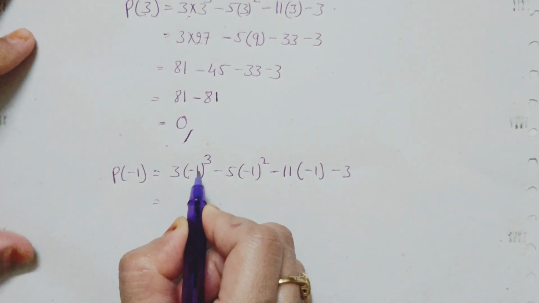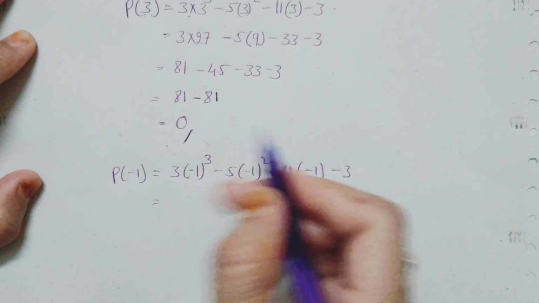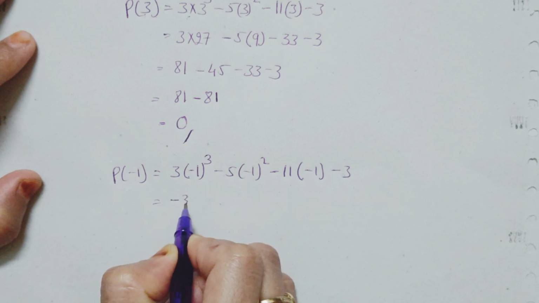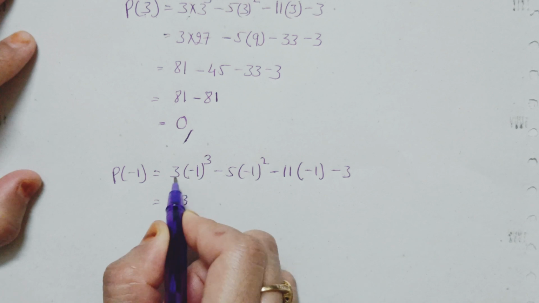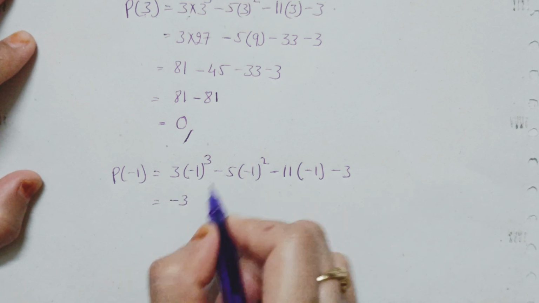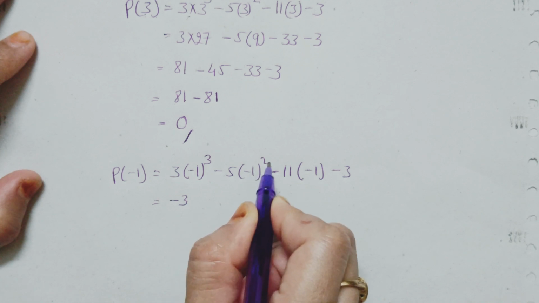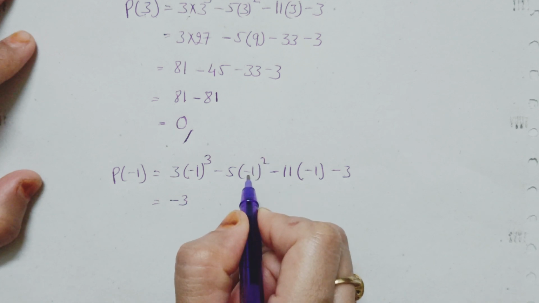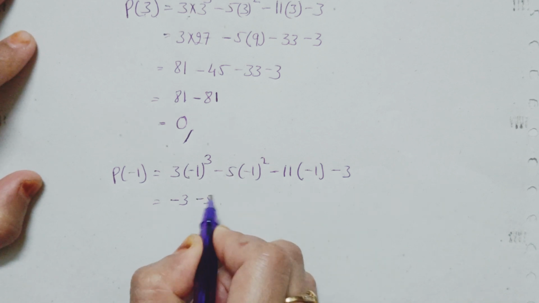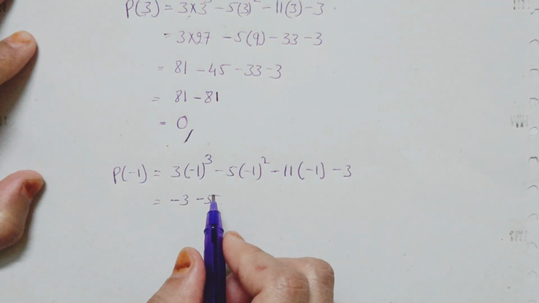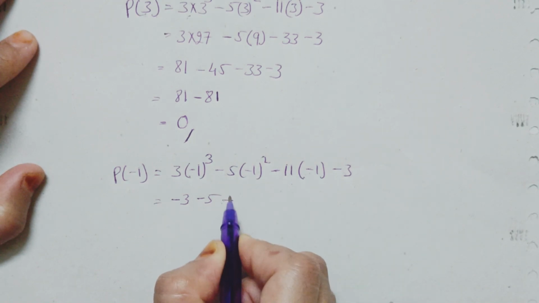Okay, minus 1 cube: minus 1 to an odd power is always negative, so minus 1. Minus 1 into 3 means minus 3. Then minus 1 square: minus 1 to an even power is positive, so plus 1. Plus 1 into minus 5 is minus 5. Then minus of minus is plus, 11 into 1, plus 11.